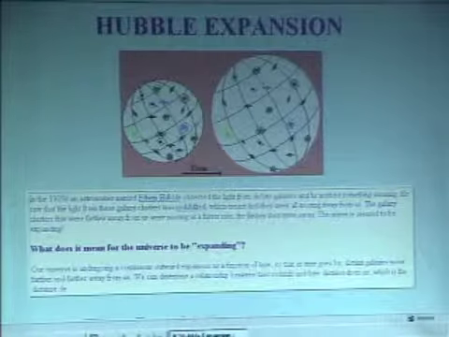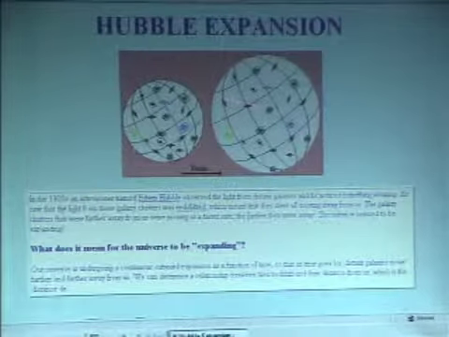Some students who have read Flatland sometimes have another way to view this analogy. But the nice thing about this picture is that if you constrain yourself to stay on the surface of the balloon and not allow yourself to move towards the center that is off the balloon or away from the surface of the balloon out into space, then this two-dimensional universe is actually a fairly useful approximation to what we live in.